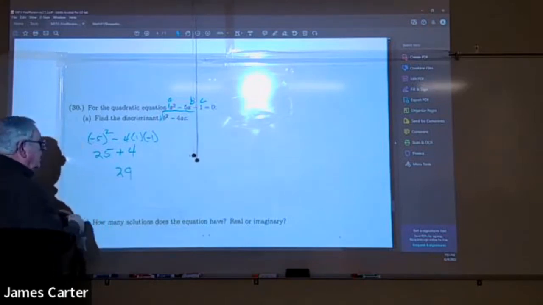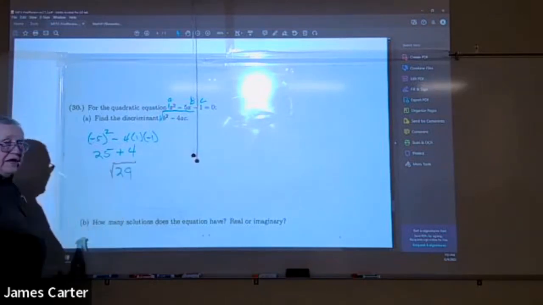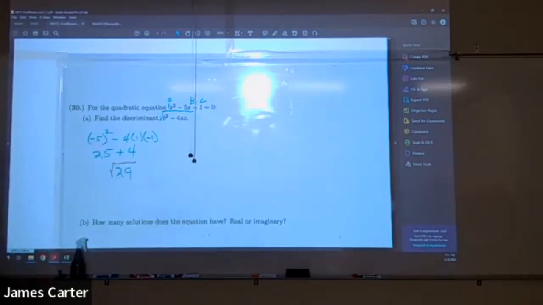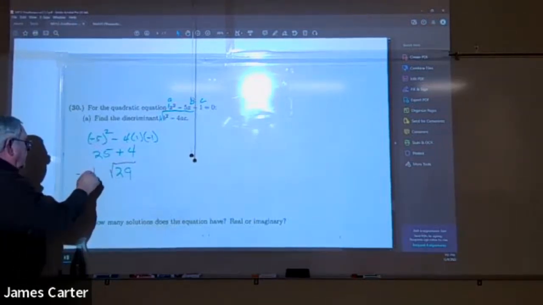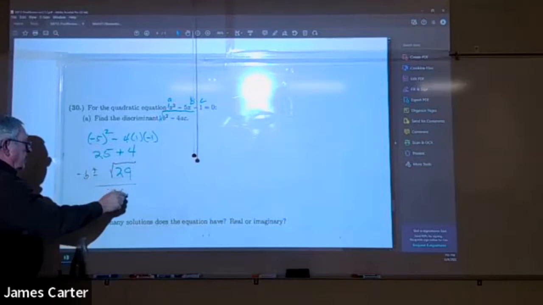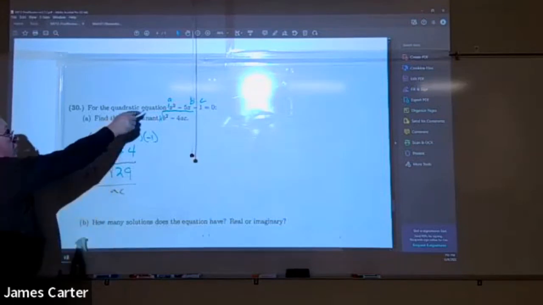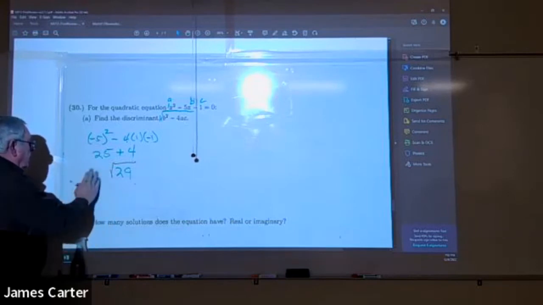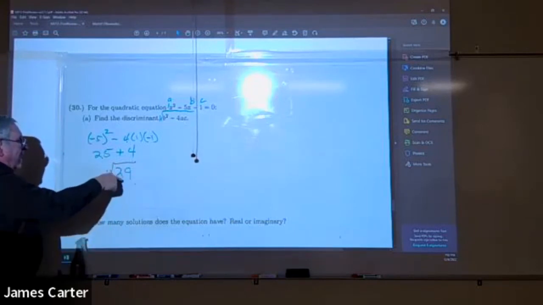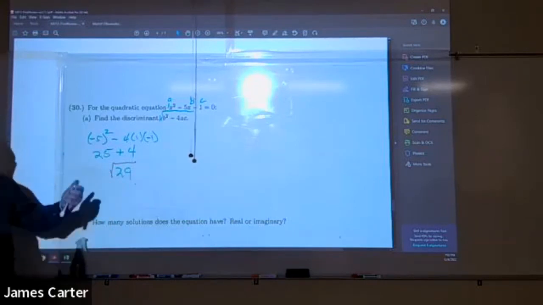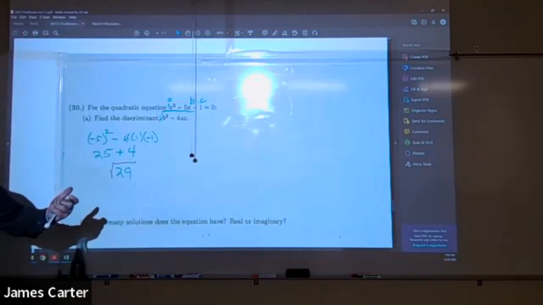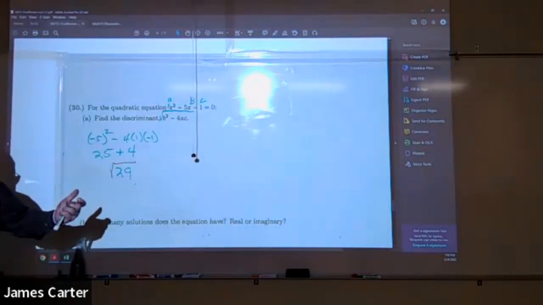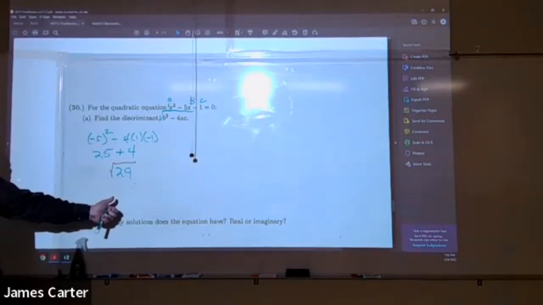Now, if I put that radical back on top of it, and remember I've got a negative b out here plus or minus an AC down here on the quadratic formula, okay? But what is that going to give me? It's not a negative. It's not 0, so the answer isn't one real number.